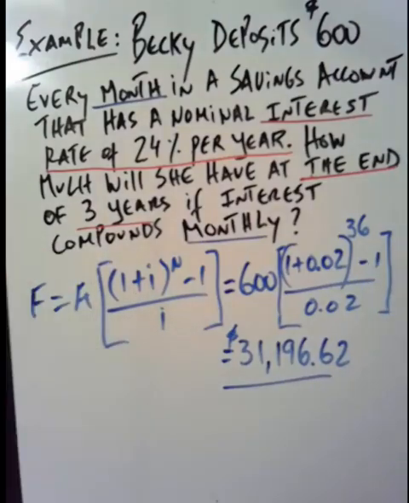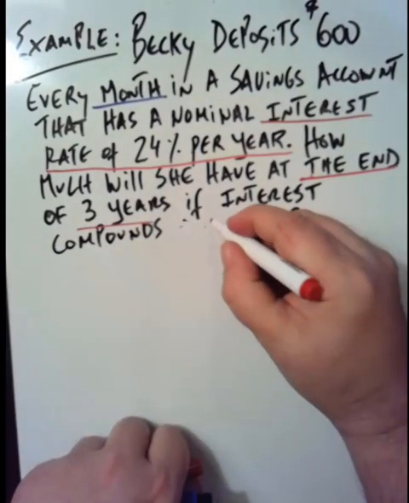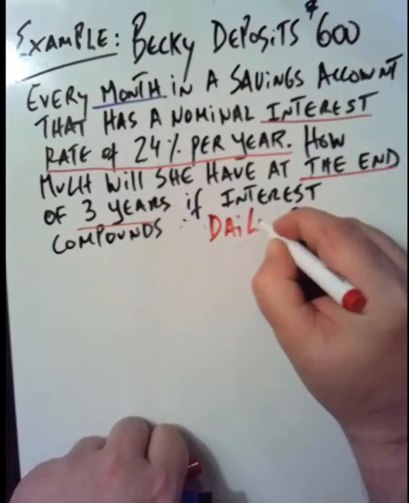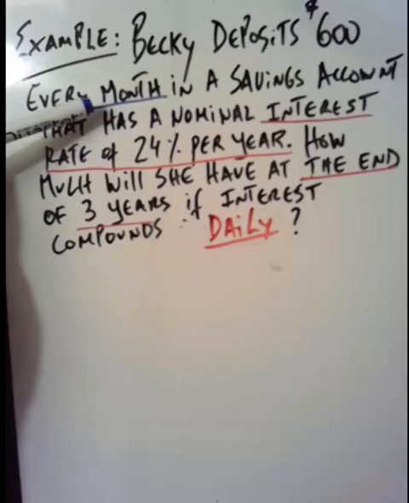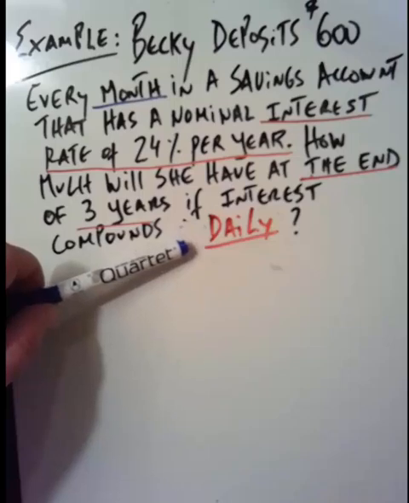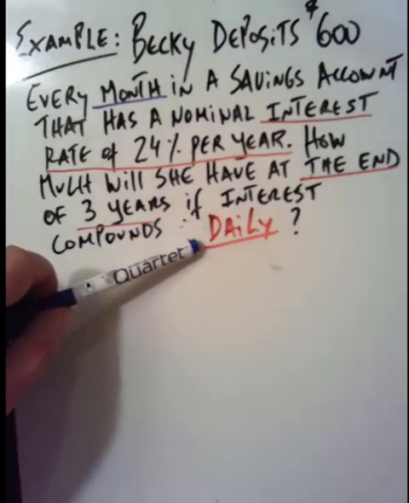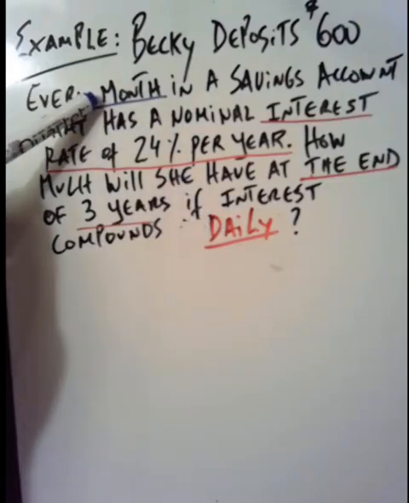Now, what if interest compounds daily? So Becky is going to make $600 deposits every month for 3 years, but this time she's earning interest daily. So the frequency of compounding, which is days, is greater than the frequency of the cash flows.